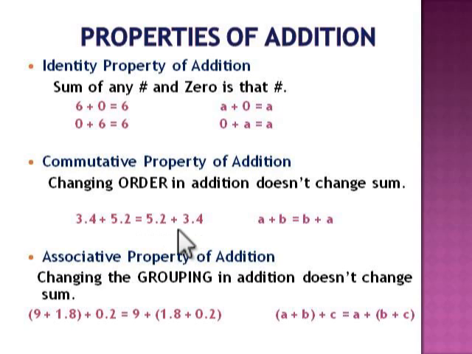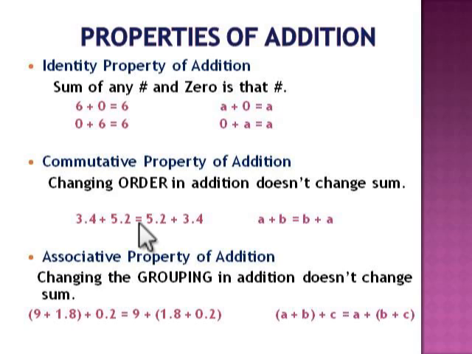So you'll notice that they didn't take the problem and find a sum. What they're showing you here with this example is that on either side of the equal sign, they have switched the order of the addends, and it still means that they're equivalent because of the commutative property of addition.